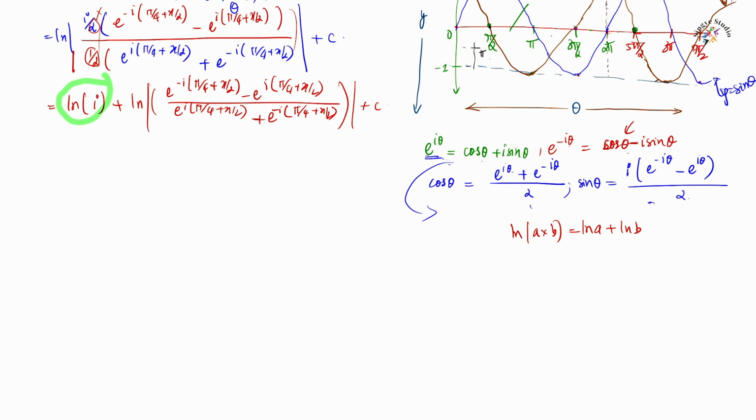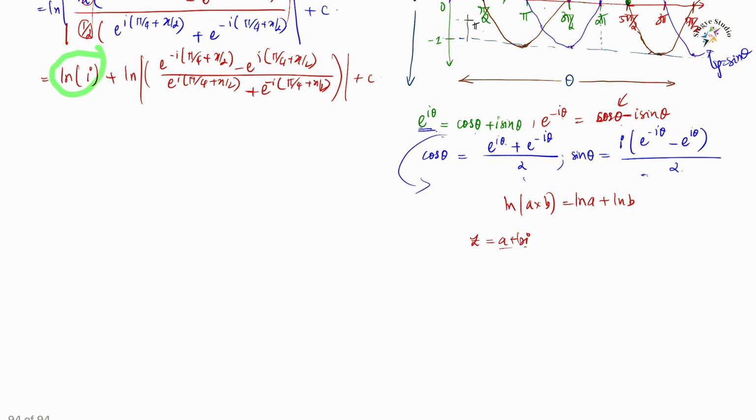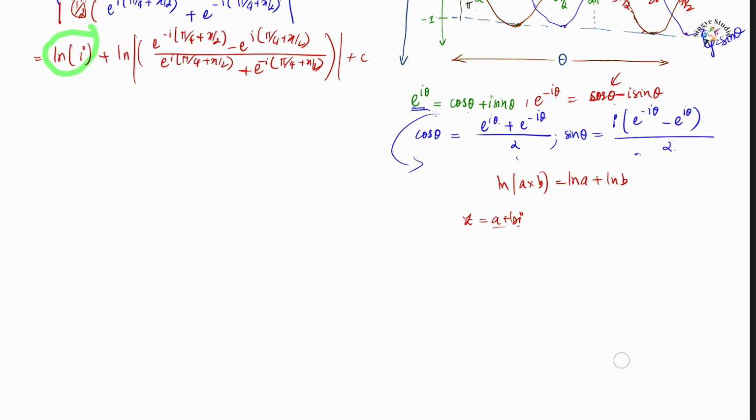Now to figure out the value, we know from complex numbers that if we have a complex number z equals a plus bi, with a as the real part and b as the imaginary part, then on the Argand plane or complex plane, this is the real axis and this is the imaginary axis, and this is r, and we have some point P whose coordinate is (r, theta).